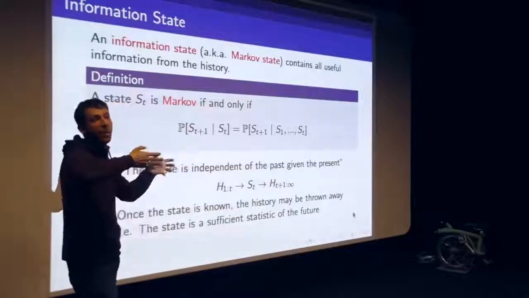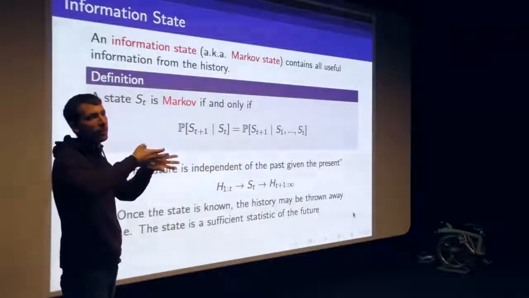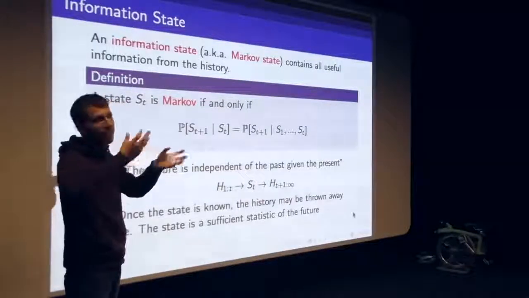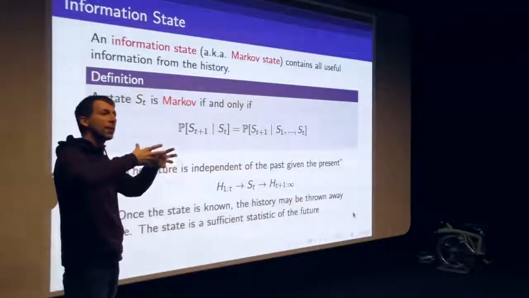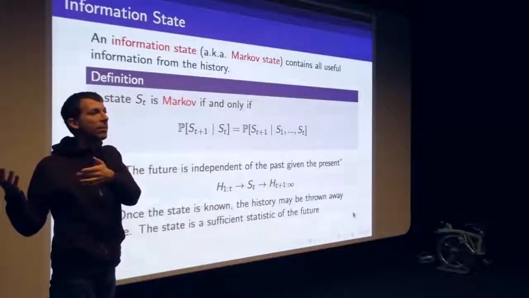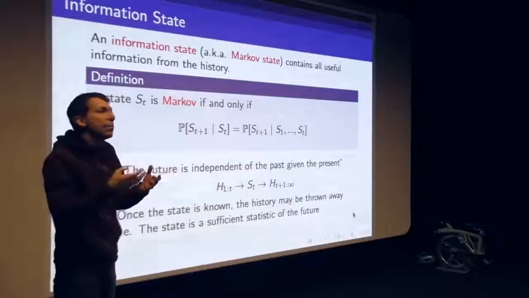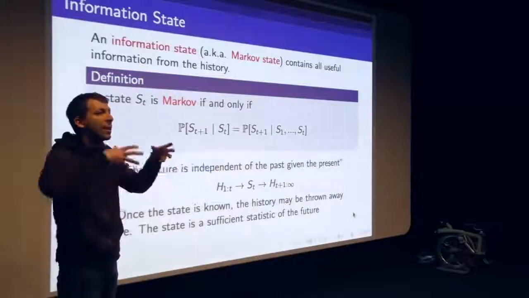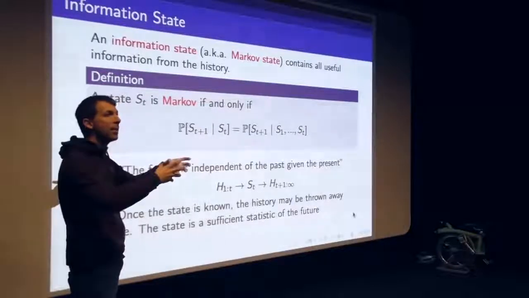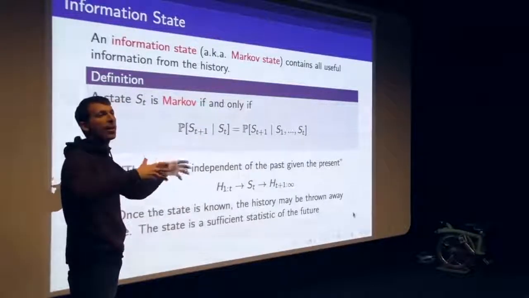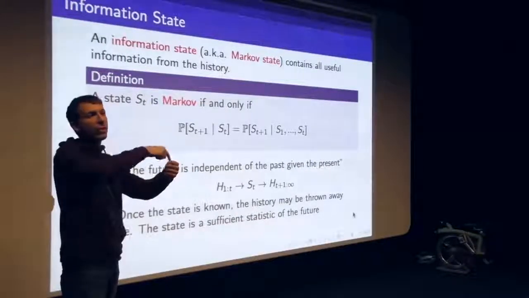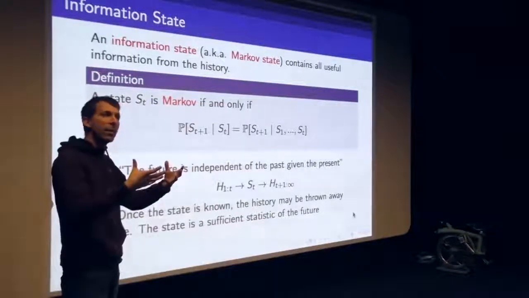Maybe you need to know the wind direction and things like that as well, but if you know all of those things, it doesn't matter what the position of the helicopter was 10 minutes ago. That doesn't make any difference to where the helicopter will be at the next moment. All that matters is where it is now, and the wind direction, and that will fully determine what will happen to the helicopter at the next moment.